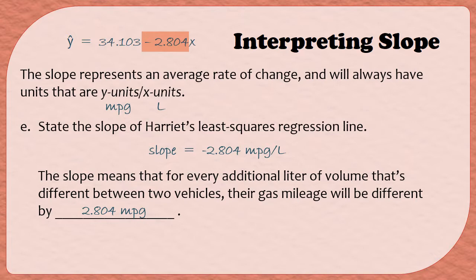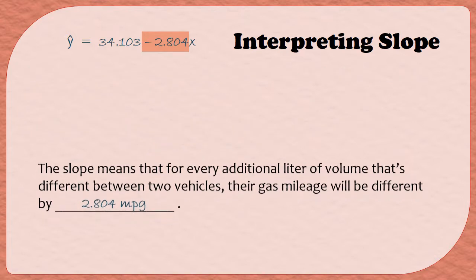In this case, I'm not mentioning the negative part because I'm just indicating an amount by which the mileage is going to be different. So you could put the negative here or not. I'm choosing not to put it here since that's an amount that they're different by. So let's look at an example of putting that into context.